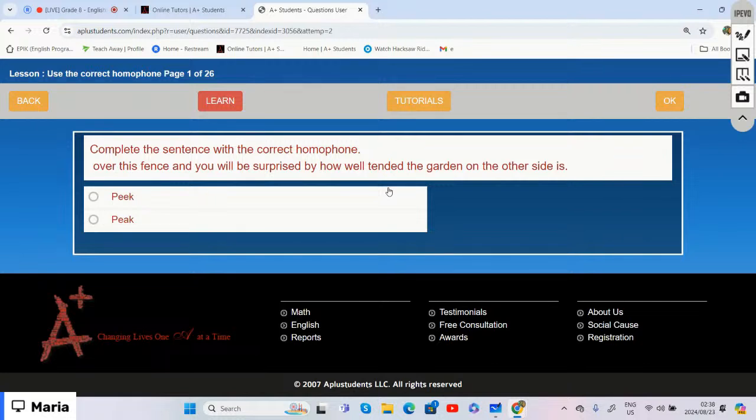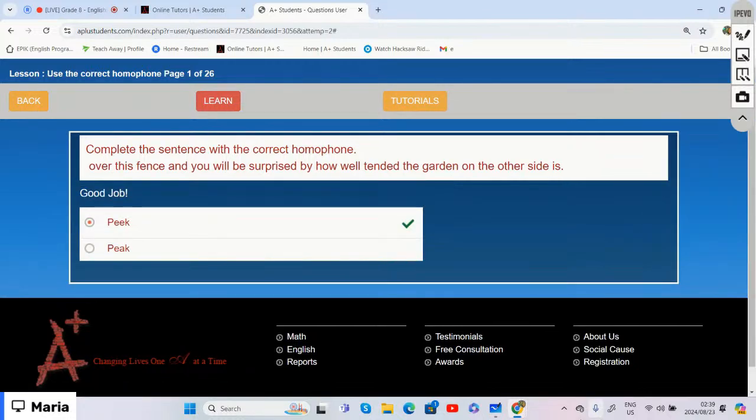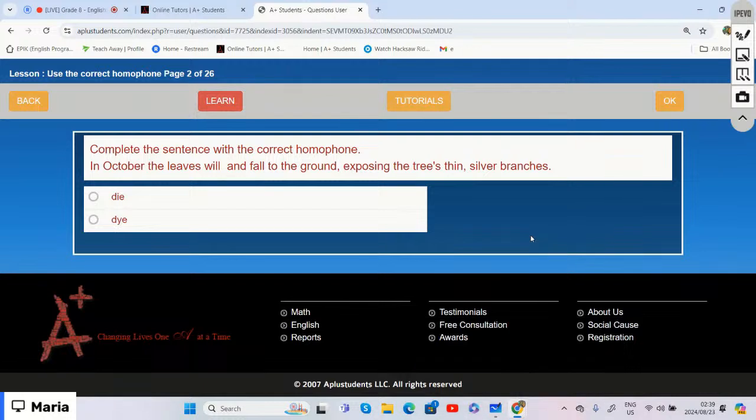And then we also have another one, right? Before we go on to that one, the first one first. We have peek. And peek is to look quickly or secretly over something.